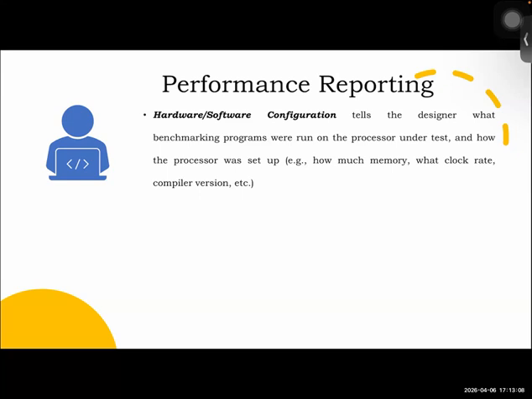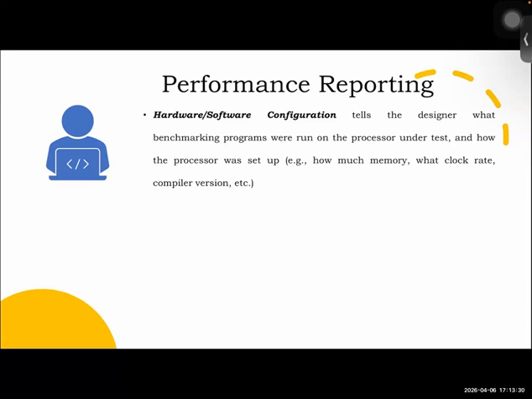processor under test to modify the hardware, or add extra hardware to improve the performance, or add extra software to improve the performance. So that is based on how much memory should be increased and how many processors should be added, what the clock rate will be, and which compiler version is good to generate good assembly language or assembly code. That is one condition.